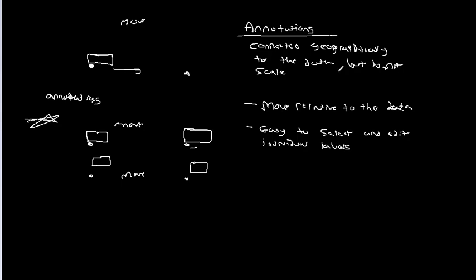So let's go back to talking about annotations and some of their pros and cons. They're easy to move relative to the data, they're easy to select and edit individual labels. Unfortunately, they are created at a set scale.